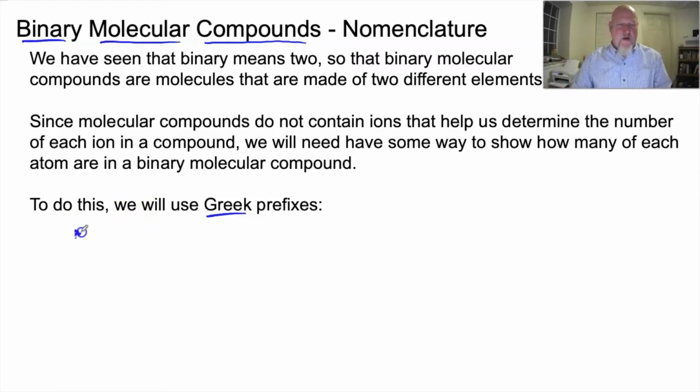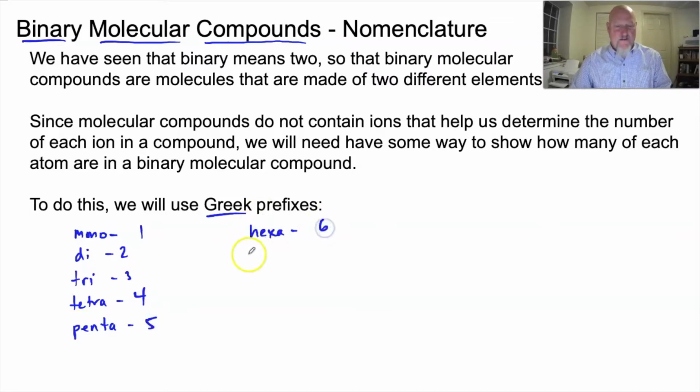All right, so mono means 1. Di means 2. Tri is 3. Tetra is 4. Penta is 5. Hexa is 6. Hepta is 7.